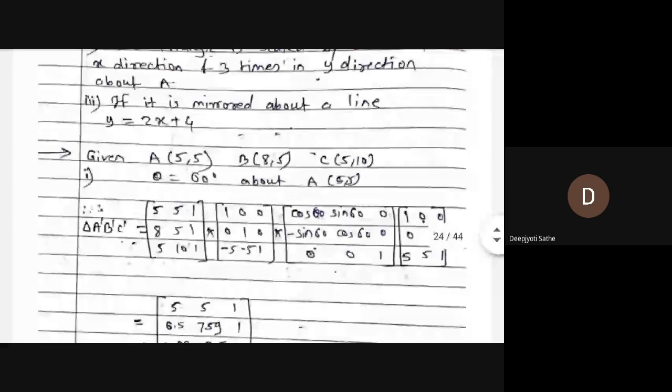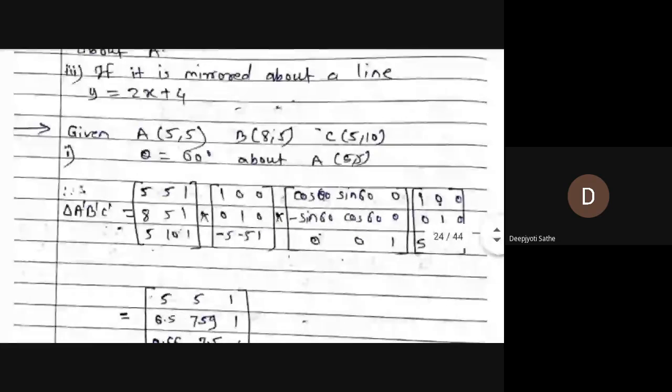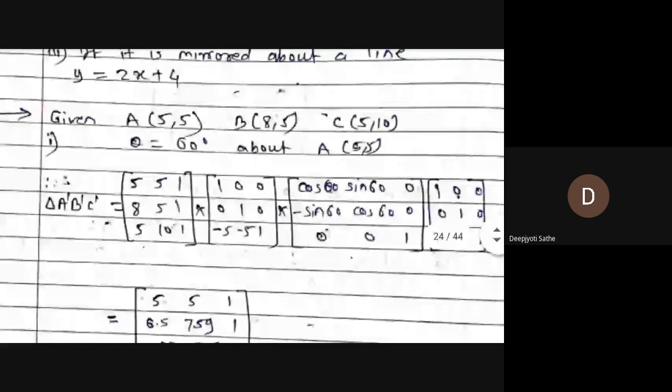The given statement is rotate 60 degrees about point A. Okay, the only difference is point A. The given data is triangle A with coordinates 0, 5, 5, 8, 5 and we have to draw these points. The angle theta is given and point A location is 5.